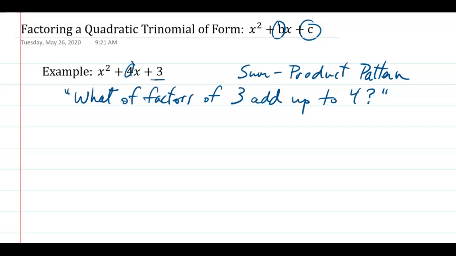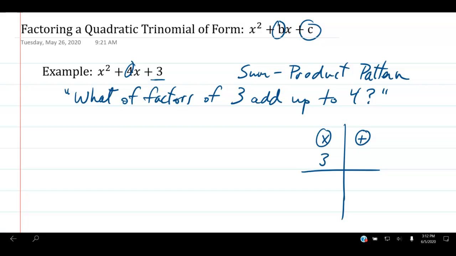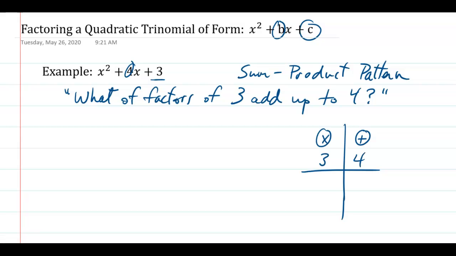And often I will teach students to make a little table where we say what factors of 3, and I use the x with a circle to represent factors, and then they have to add up to the plus sign with the circle, the number in the middle, 4. Now this one is a particularly easy example. We know that 1 times 3 is 3, and that 1 plus 3 is 4. And so we see quickly that those numbers work.